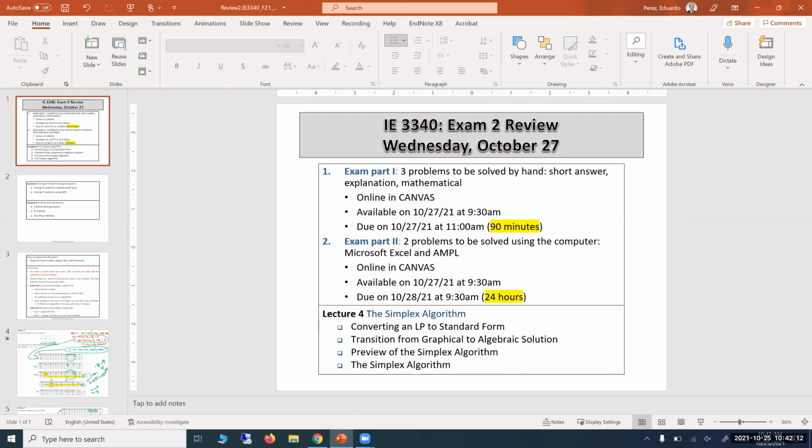The exam also will be available online in Canvas. It will be available from 9:30 a.m. on Wednesday, October 27th, and it will be due on Thursday, October 28th at 9:30. So you have 24 hours to work on the second part of the exam.